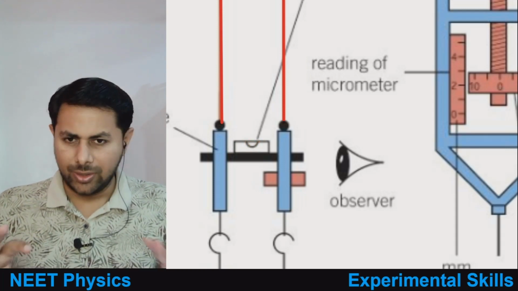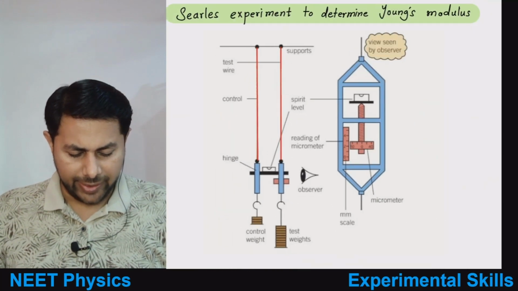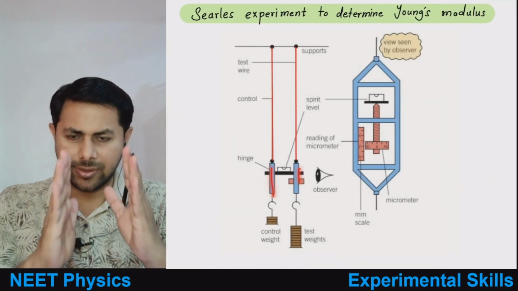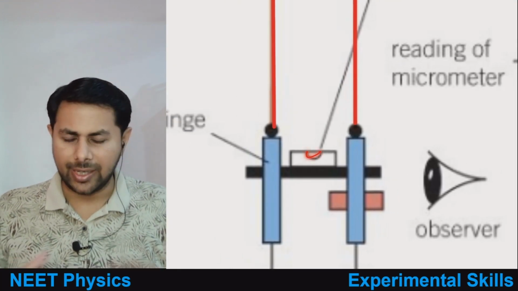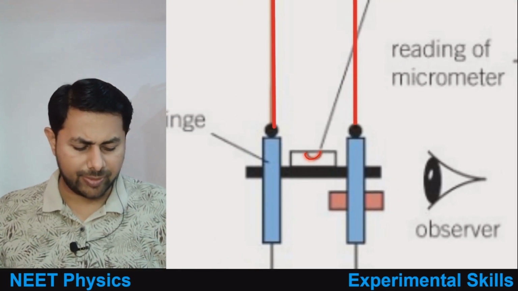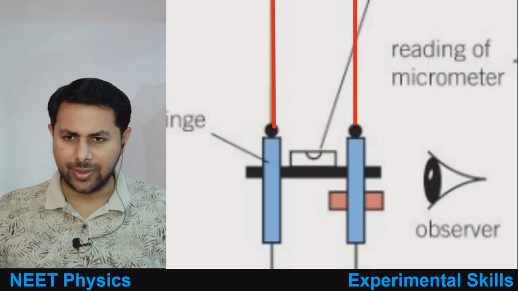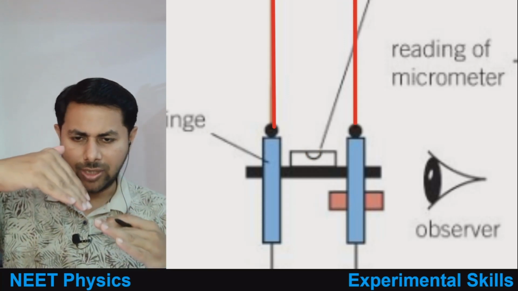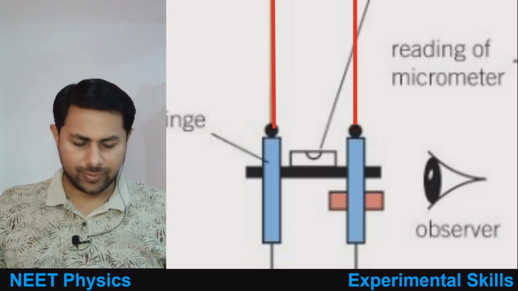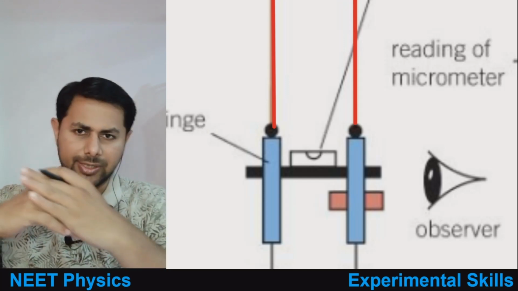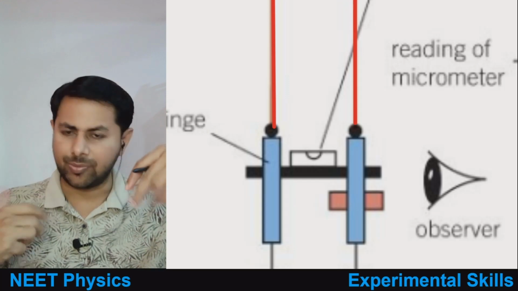Now see, when the two frames are at the same level, the bubble will be exactly at the middle. When one of the frames moves down, the bubble will also move. It will either shift towards left or towards right.